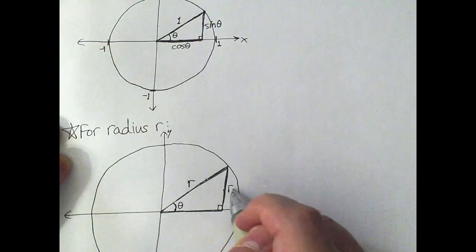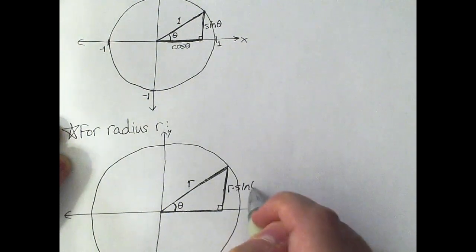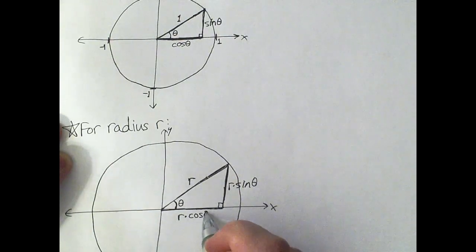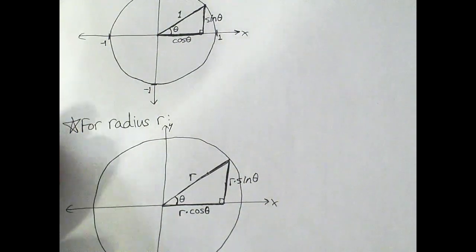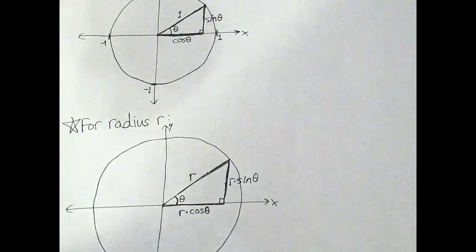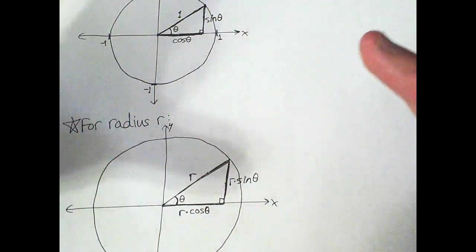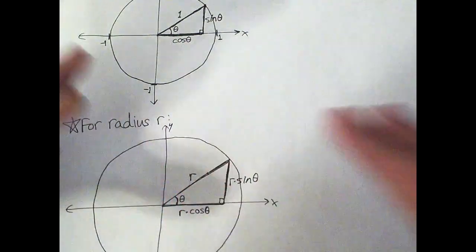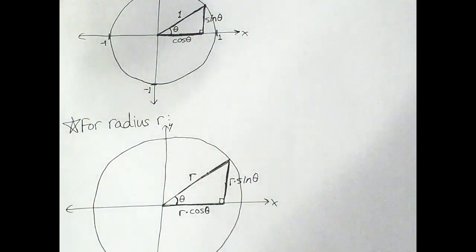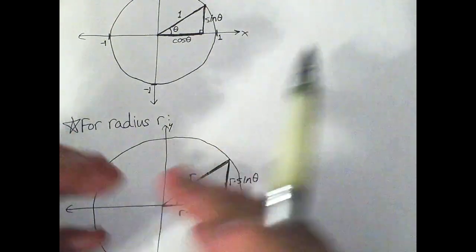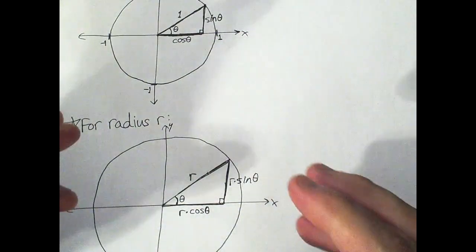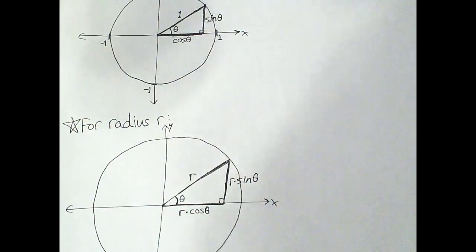This is going to be r times sine of theta, and this is going to be r times cosine of theta. It's kind of like we took the previous picture and scaled everything up. We scaled the circle up by a factor of r, so all of the side lengths became r times what they were. This also works if you have a smaller circle and, maybe r is something like 1/2, then everything gets contracted by a factor of r.